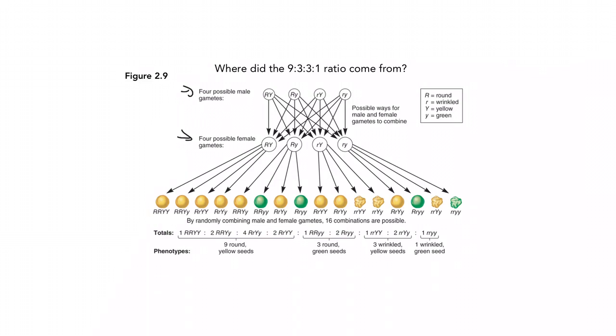These are all the possible ways these can combine, and you could go back to that Punnett square and demonstrate all these possible combinations. Phenotypically, that's really what we're interested in here. All of these genotypes would correspond to round and yellow seeds. All of these would correspond to round and green. All of these wrinkled and yellow, and all of these would be the wrinkled and green seed.